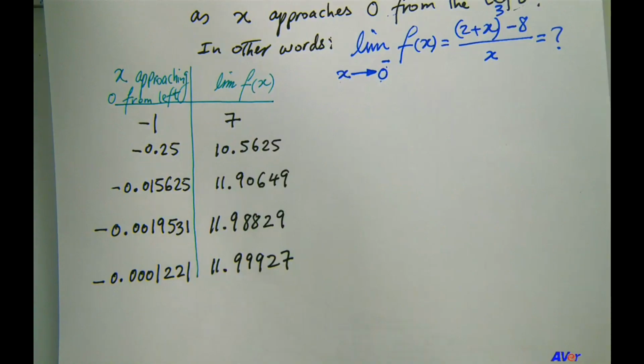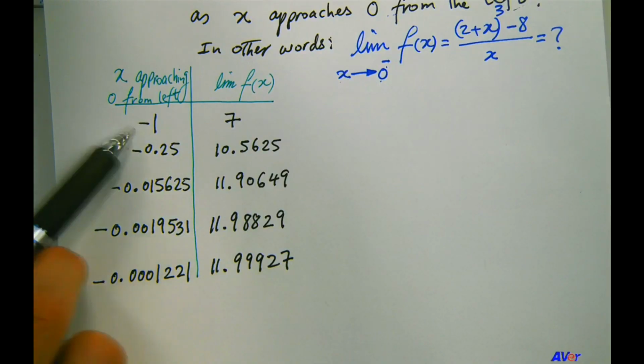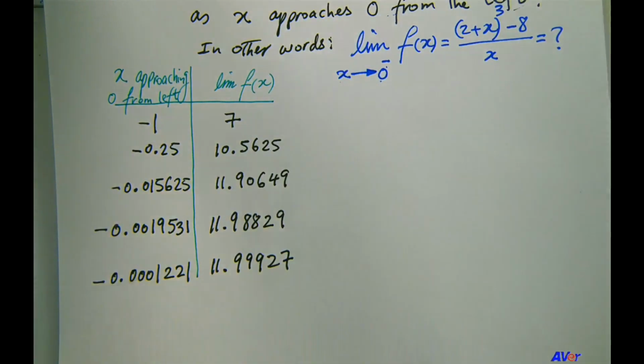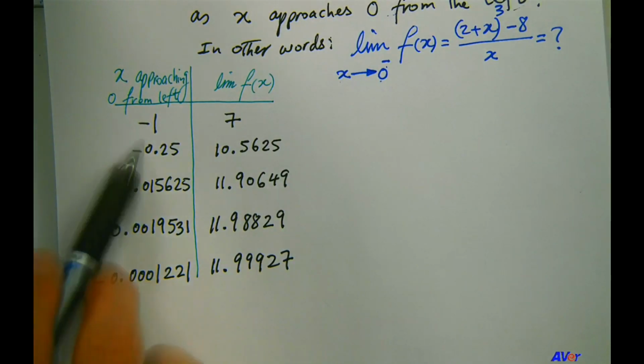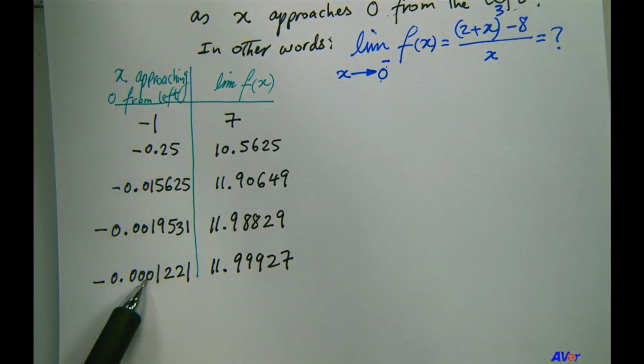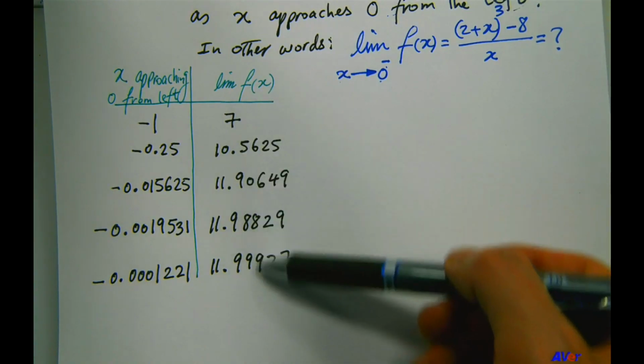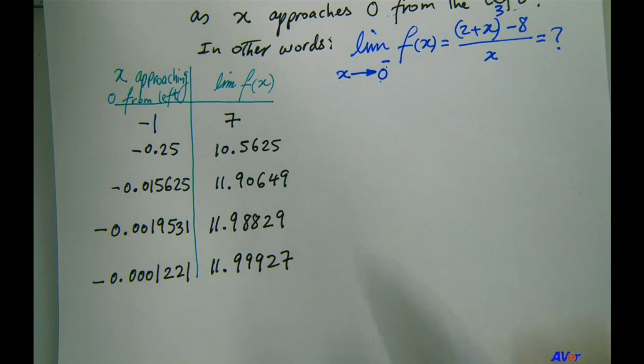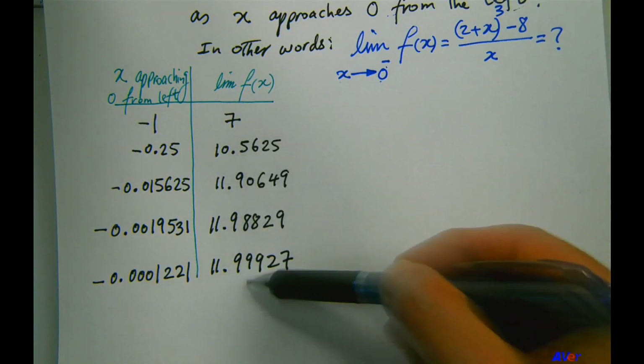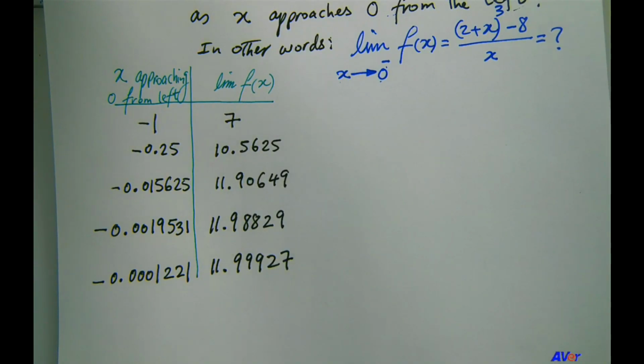Are they approaching some value? As we get closer and closer to 0 from the left, from the negative side of the real number axis, are these values of the function approaching some value? What value of the function are these approaching? If you said 12, you're absolutely correct.